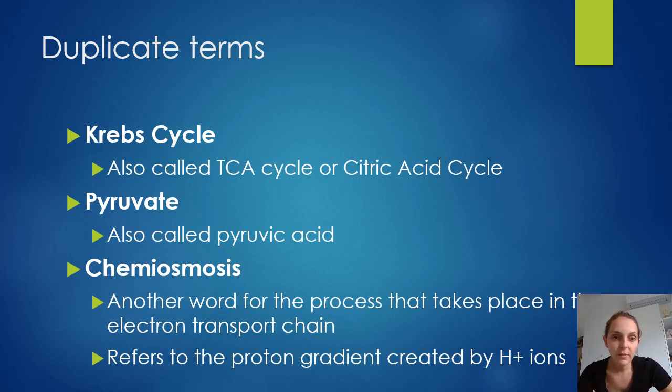Krebs is the dude who discovered this. Pyruvate's also called pyruvic acid, and you would have seen this one in that summary figure earlier. Chemiosmosis is another word for what happens in the electron transport chain. So it's referring to the H plus gradient that's forming across the membrane of the mitochondria.